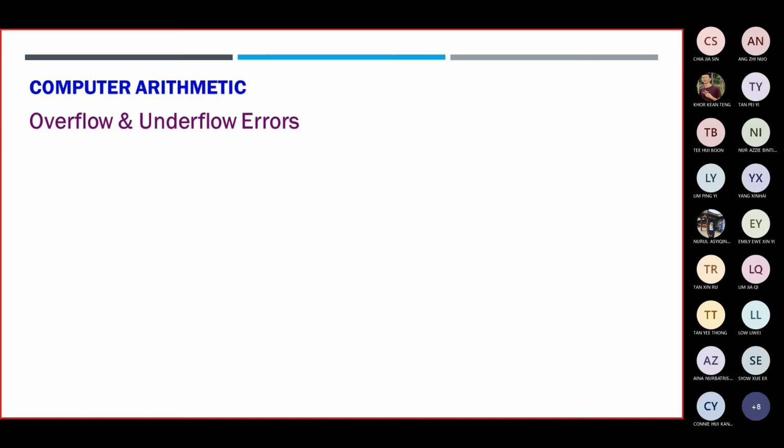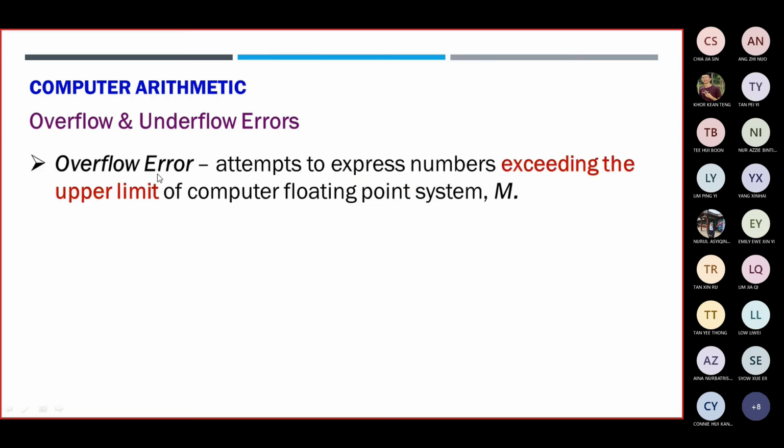All right, so why is this? Because of the overflow and the underflow. So let me explain what overflow and underflow are. An overflow error means an attempt to express numbers exceeding the upper limit. As I said earlier, for the computer, say the IBM, usually the upper limit will be 76.